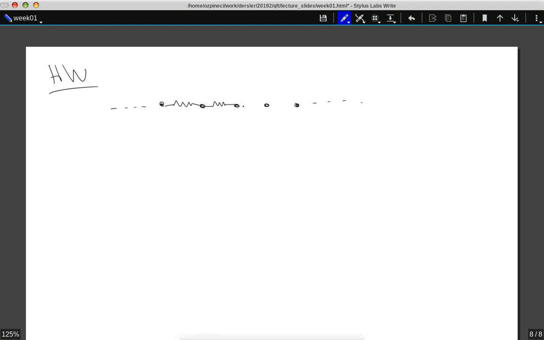You have many masses. They are attached to each other by strings of spring constant k. And let me also assume that they are hung from a ceiling by ropes of length L, and this is g.